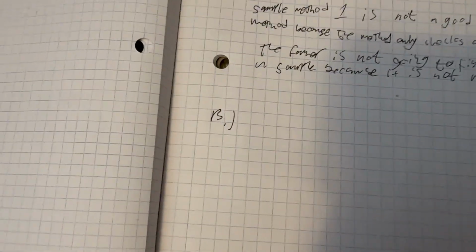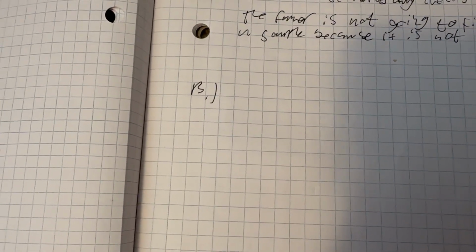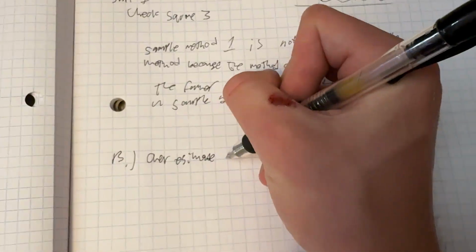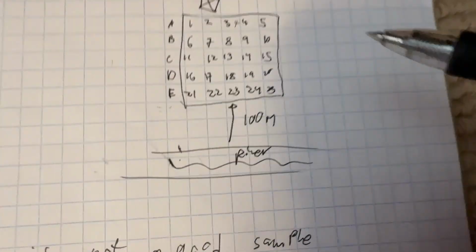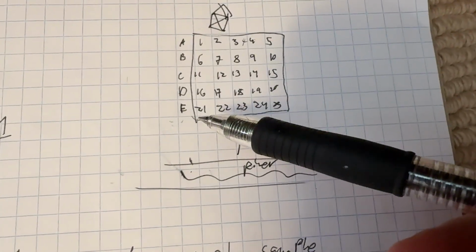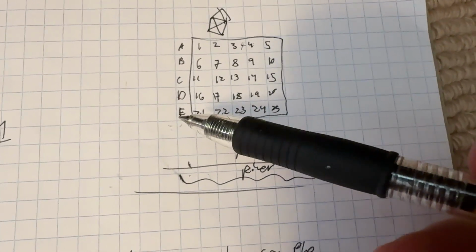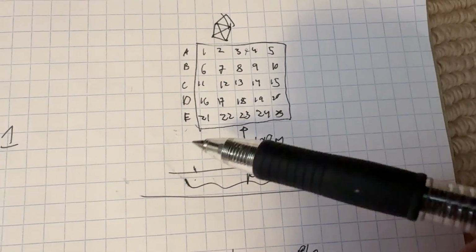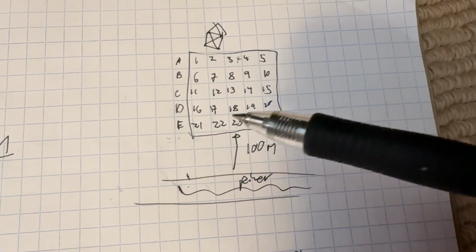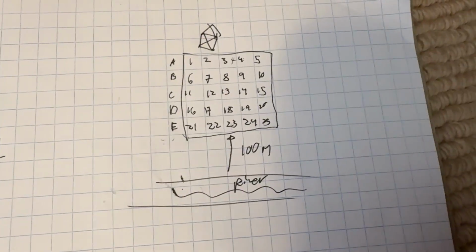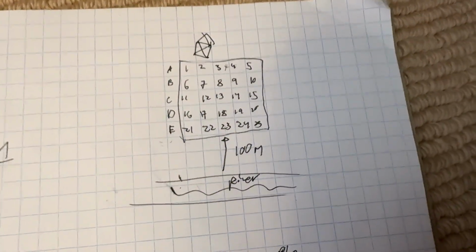So the question asks us whether or not the farmer is going to get an overestimate or underestimate of aphids. Well, since the farmer has only randomly chosen to look at row E, he's only going to be able to check plots 21, 22, 23, 24, and 25.